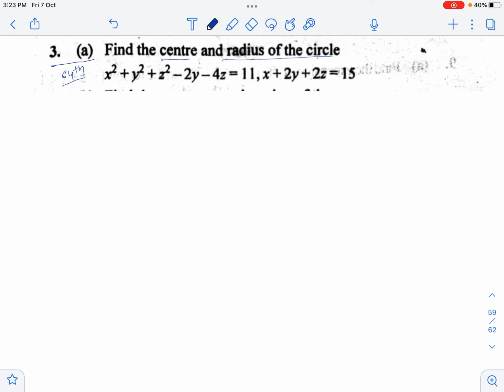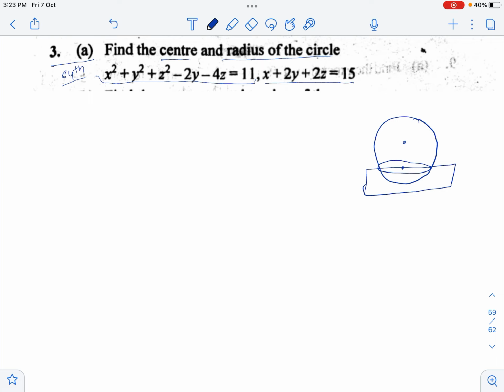So it says that find the center and radius of the circle, and the circle is given by the sphere and this plane. That is, if this is a sphere and this sphere is cut by the plane, so this will be a circle.